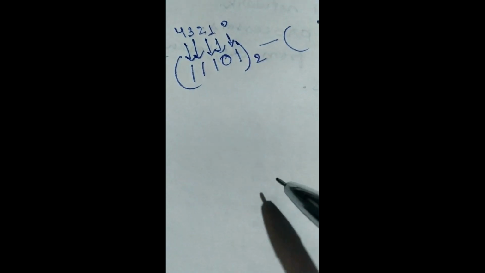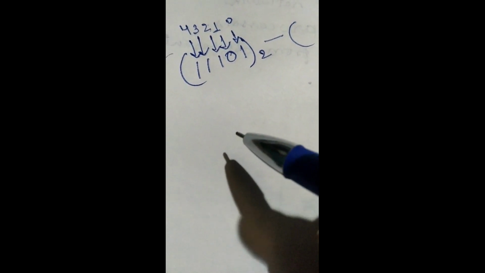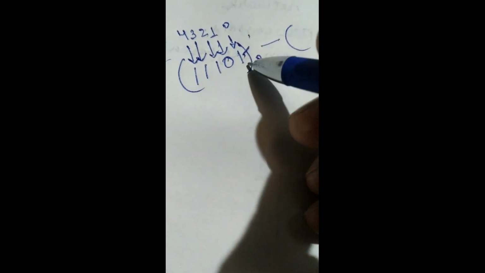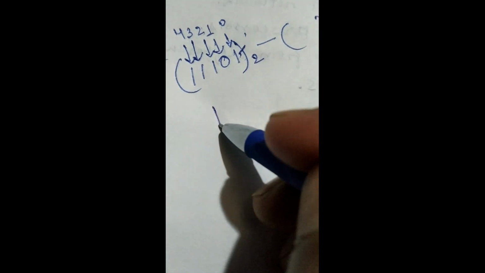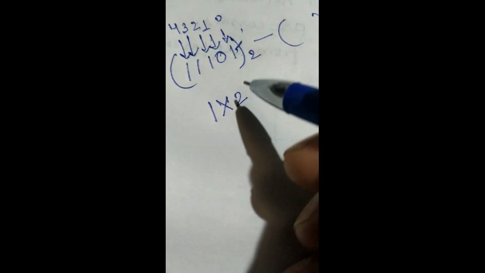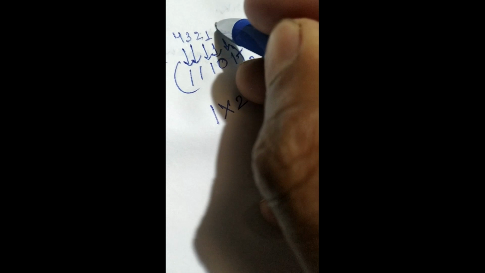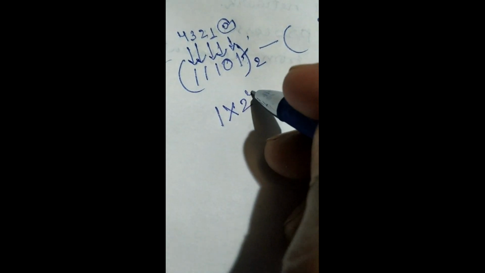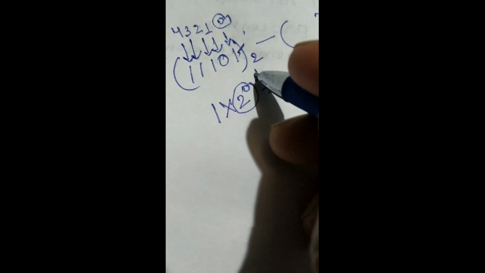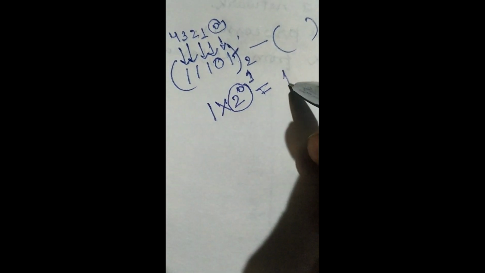Next, we multiply from the extreme right side. So 1 into 2 with power 0. Here 2 to the power 0 means 1, so 1 into 1 is 1.